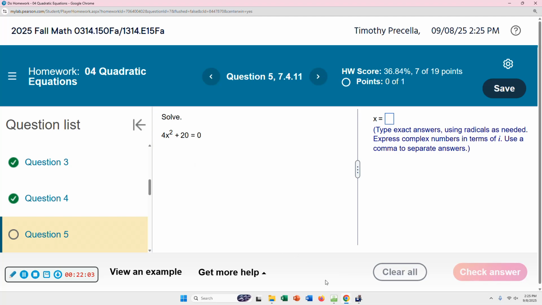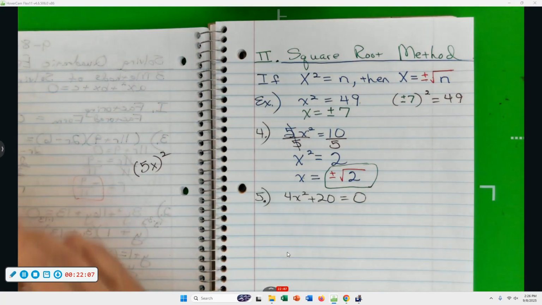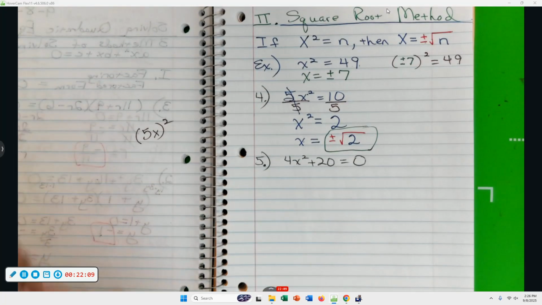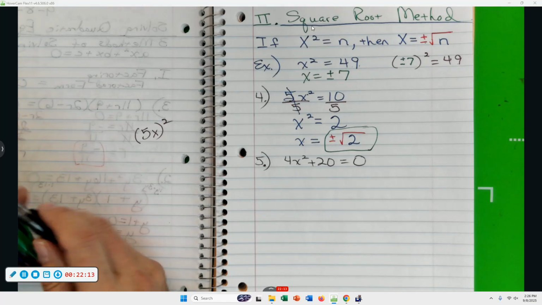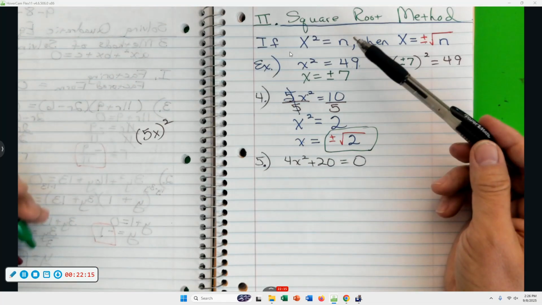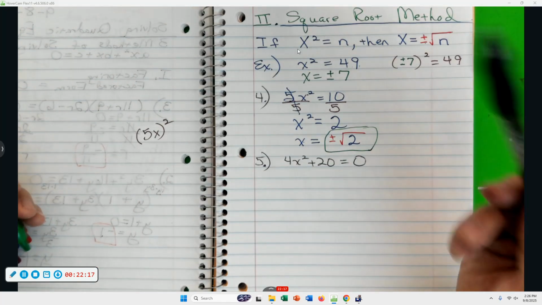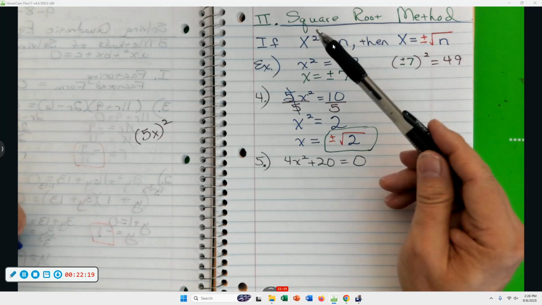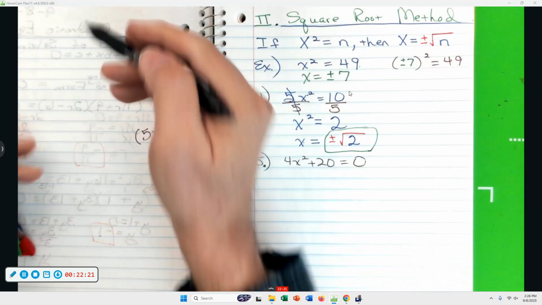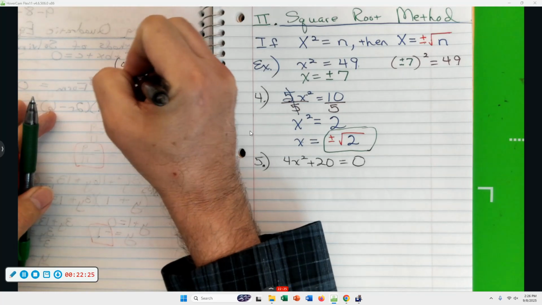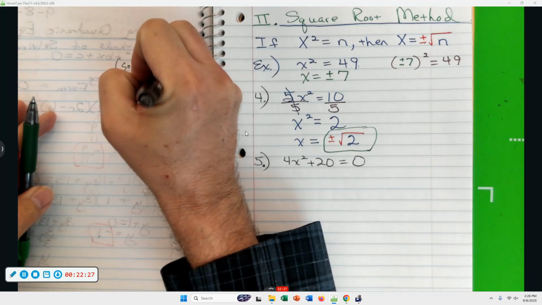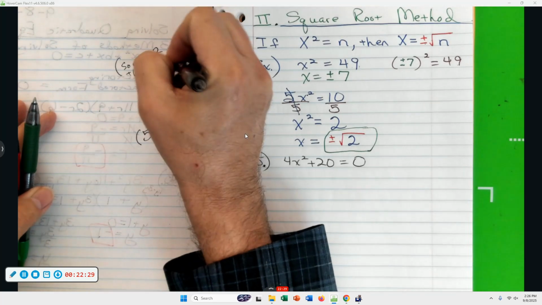Okay. Let's switch back. Oh, goodness. I think there's a problem here. This does not look like a square root problem. If it's a square root method problem, you need something squared. I'm going to write it like this: something squared equals a number.